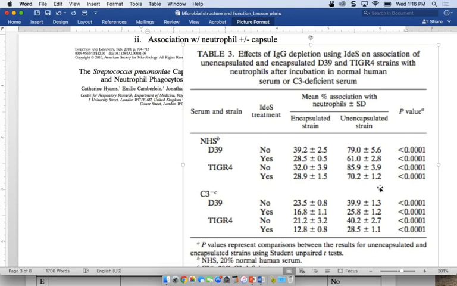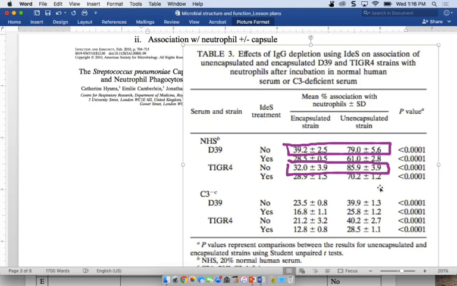They had generated in each of them a mutation so that you could have an encapsulated form, which was the wild type, and a non-encapsulated form, which was the mutant. These data represent how frequently they found these streptococci associated with neutrophils.